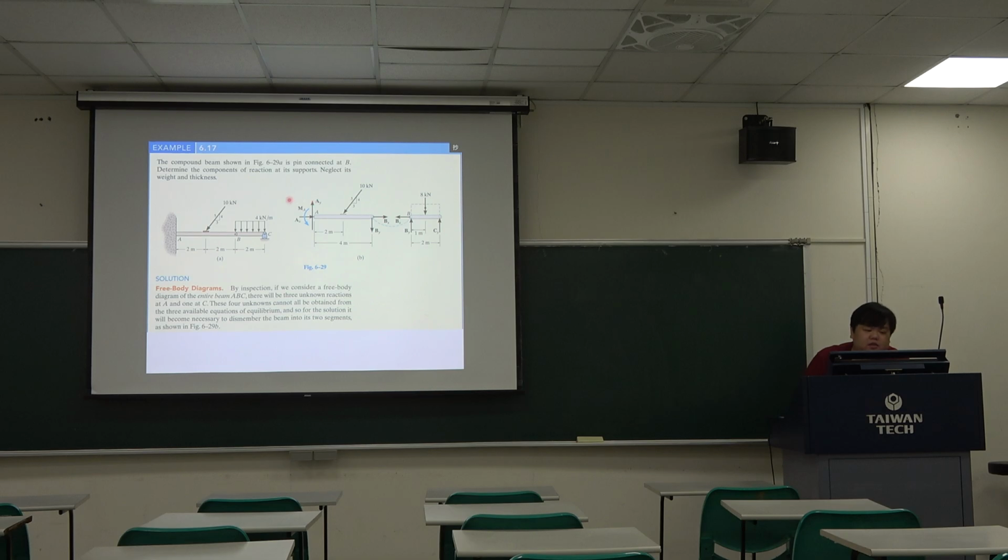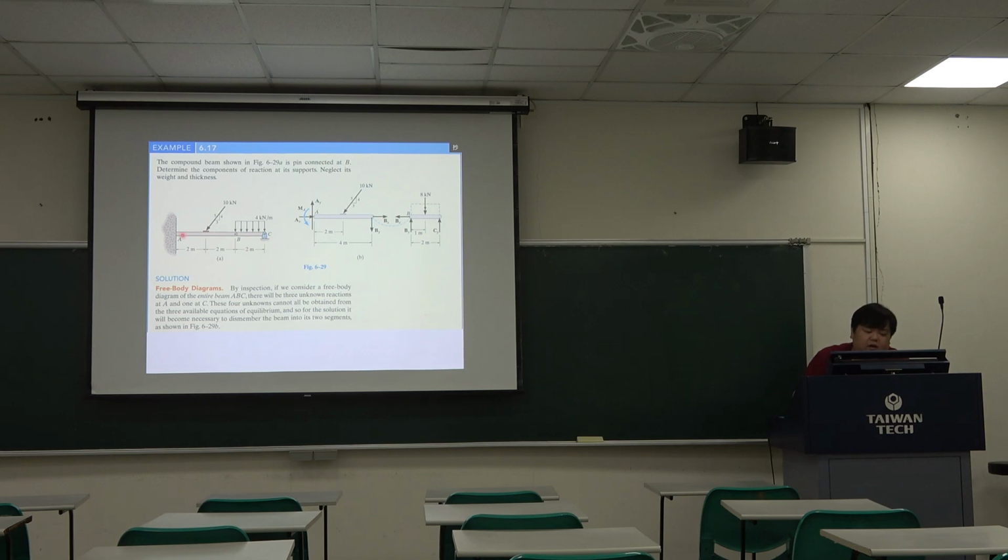Okay, in this next example, the compound beam shown in this figure is pin connected at point B. Determine the components of reaction at its supports, neglecting its weight and thickness.